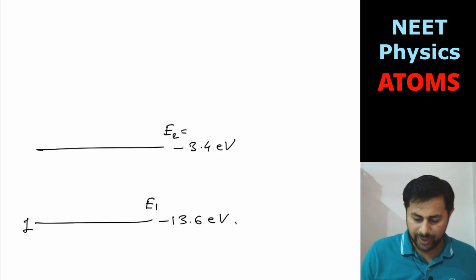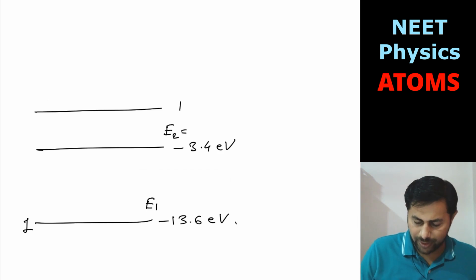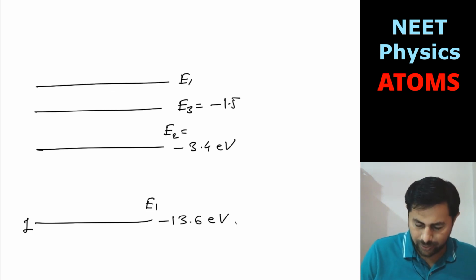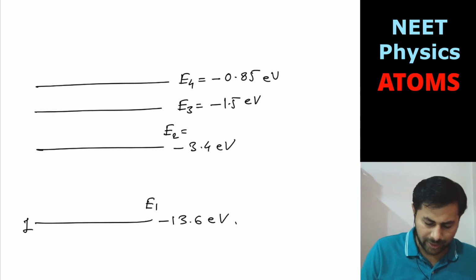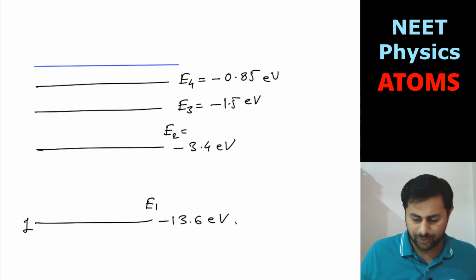Then E3 is minus 1.5 electron volts. E4 is equal to minus 0.85 electron volts. And suppose 0 is somewhere here.